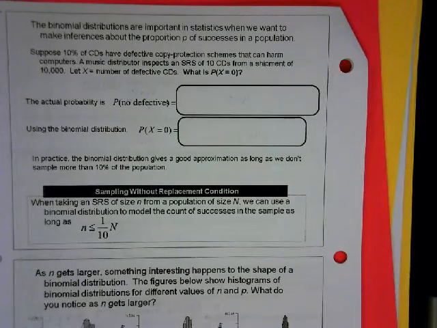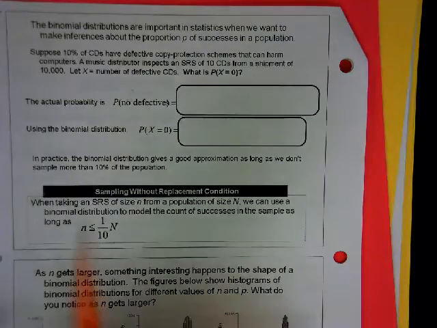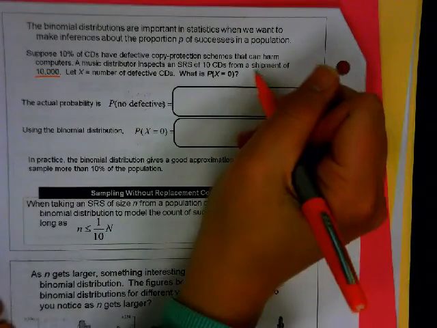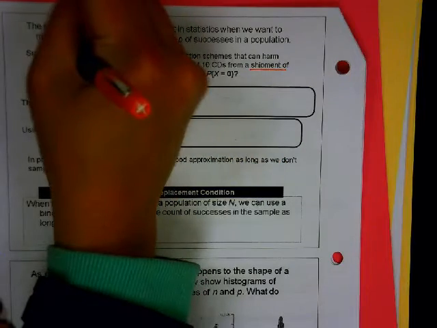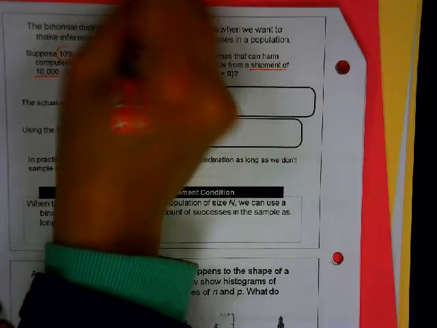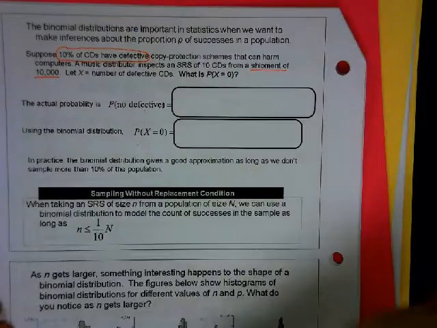We have 10,000 CDs, okay? We're looking at a shipment of 10,000. 10% of those CDs are defective. 10% of 10,000 is 1,000. So 1,000 defective CDs.